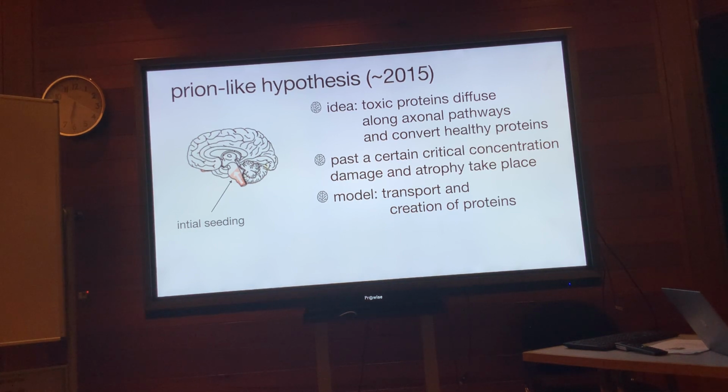So the idea of the model is just to follow the basic description from this early paper on transport and creation of protein, and then couple that transport model to an atrophy model.